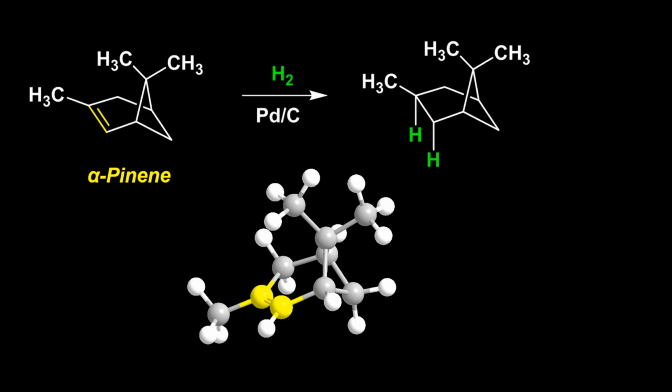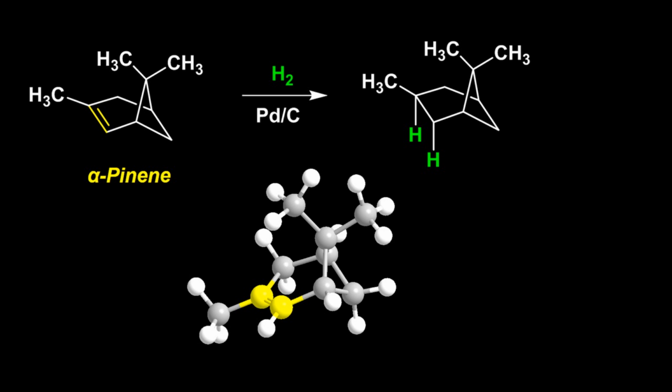Let's look at an example, alpha-pinene. This molecule has a double bond inside a rigid bicyclic structure. And if you check out its 3D shape, you'll see that the top face is pretty bulky, thanks to another ring and two methyl groups. So when alpha-pinene binds to the catalyst, like palladium on carbon, it's much easier for it to approach through the bottom face, where there's less steric hindrance.